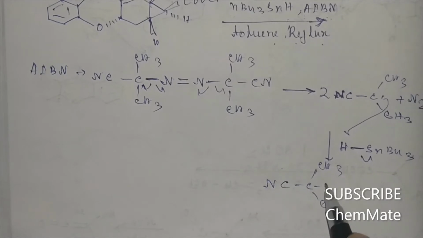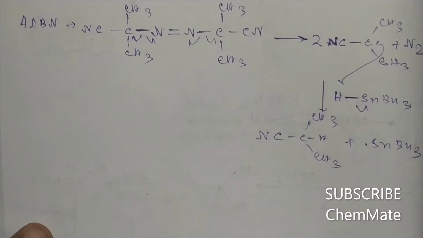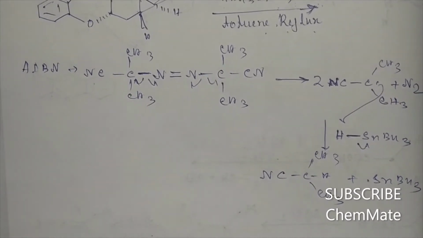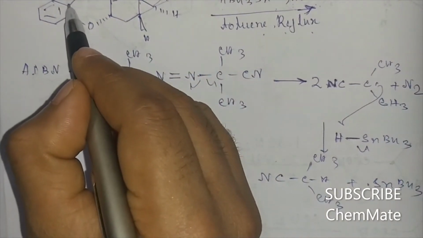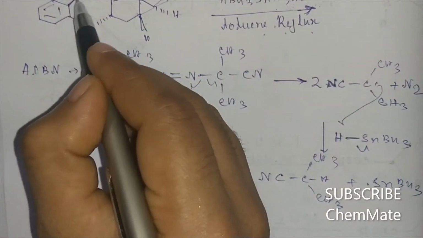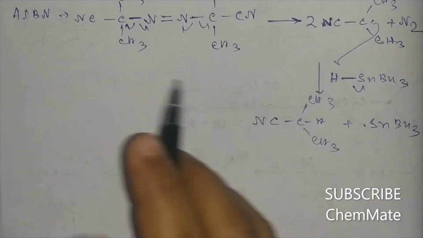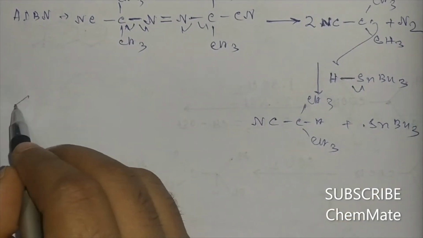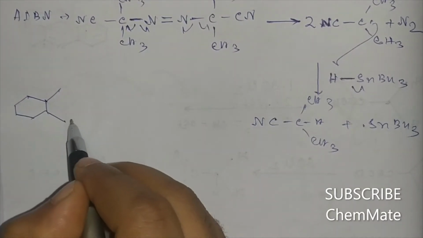So the SnBu3 radical will be formed. Now this radical will start the reaction with this substrate. This halogen-carbon bond will break in the presence of the SnBu3 radical.